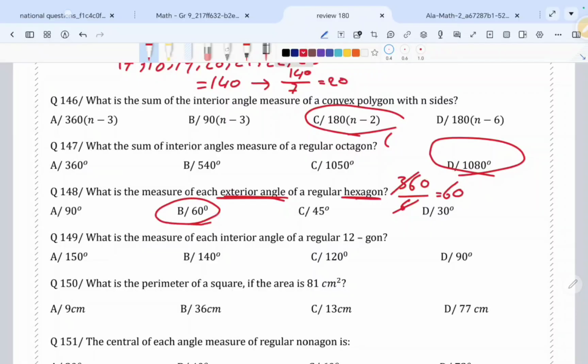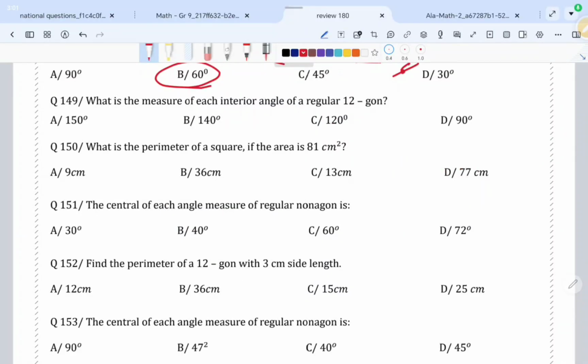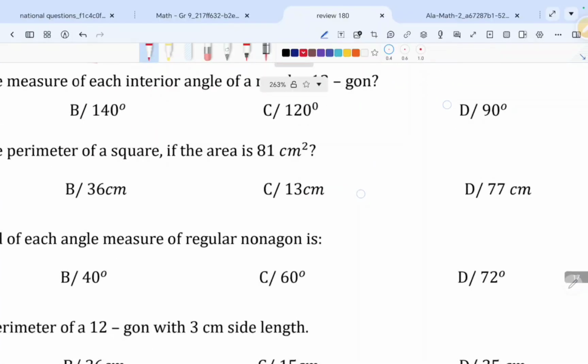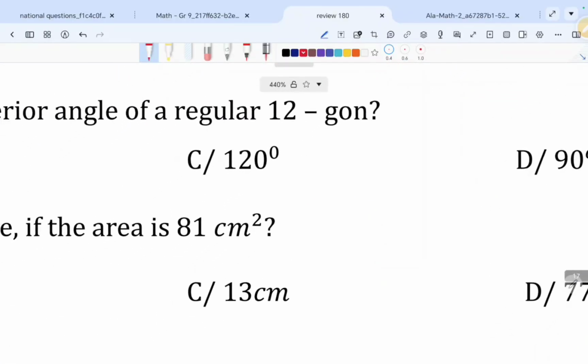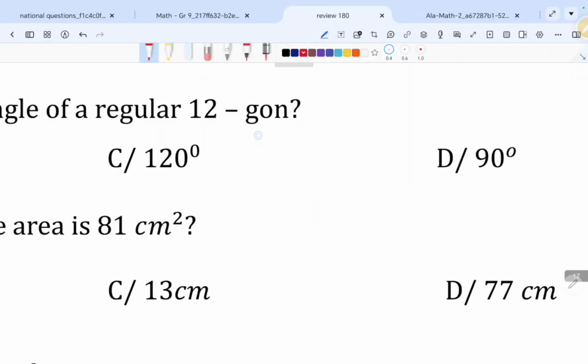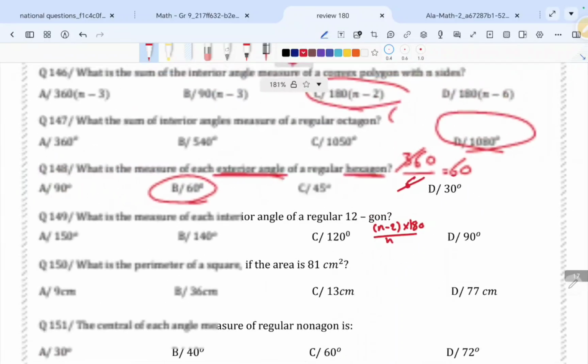B. What is the measure of each interior angle of a regular 12-gon? Okay, how can we solve it? By using the rule, we will say n minus 2 times 180 out of n. Okay, n is equal to what? 12.